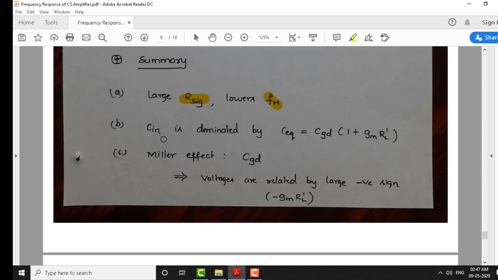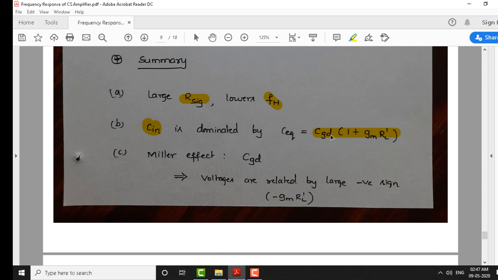The second observation is that the input capacitance is dominated by this capacitance. We applied Miller's theorem and obtained the equivalent capacitance CGD into 1 plus GM times RL dash. So the overall capacitance at the input side is dominated by the Miller capacitance, or equivalent capacitance.